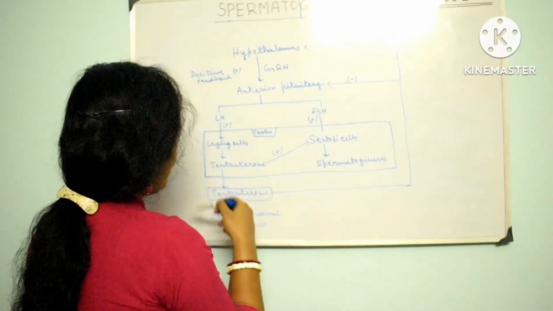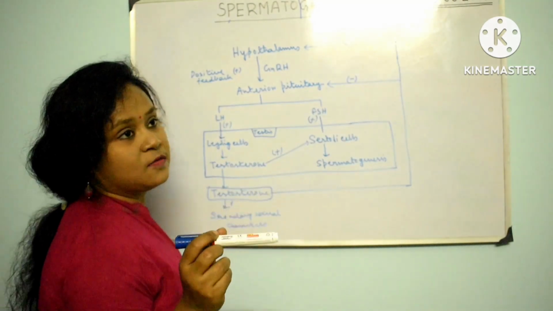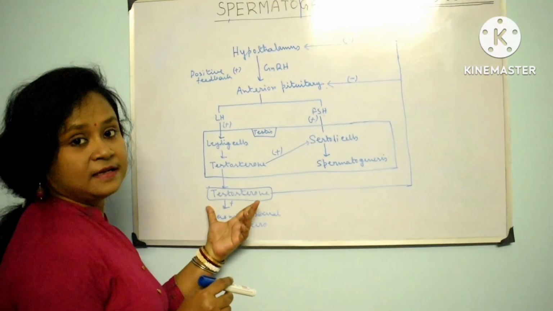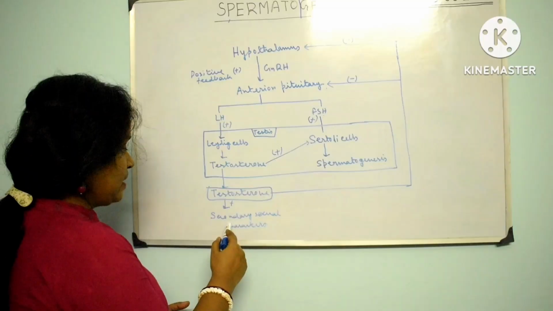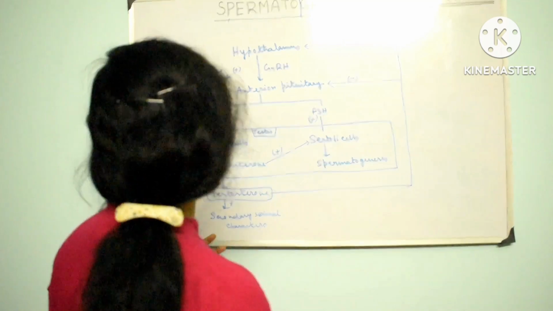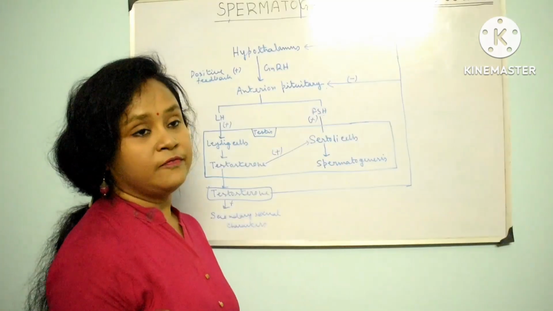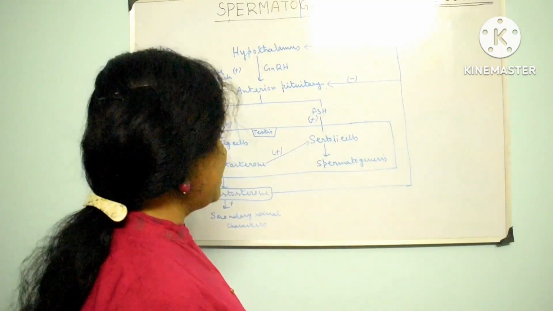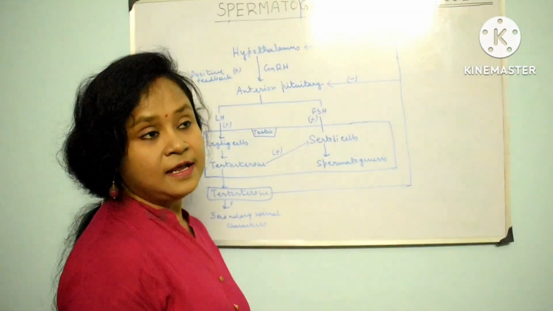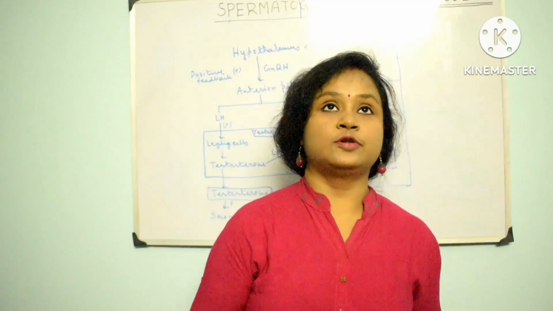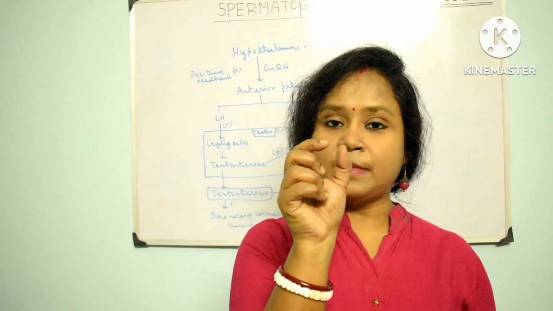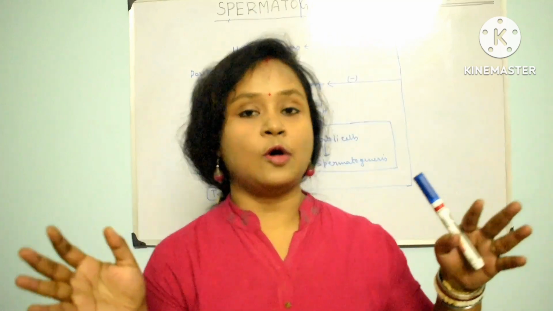Okay. Now negative feedback is needed when too much testosterone hormone is secreted. Testosterone hormone also helps the secondary sexual characters in males at the time of puberty, all of a male's sexual characteristics. So when too much testosterone is secreted, we know our concept about hormones: a hormone is needed in an optimum amount, not hypo, not hyper.